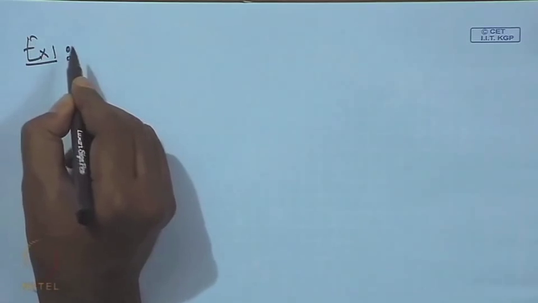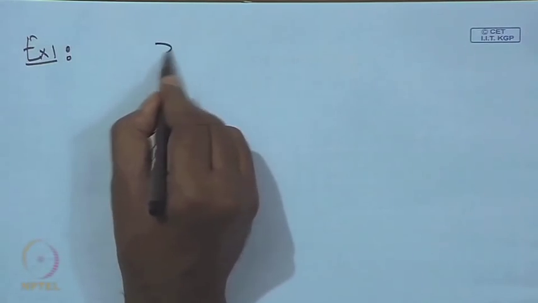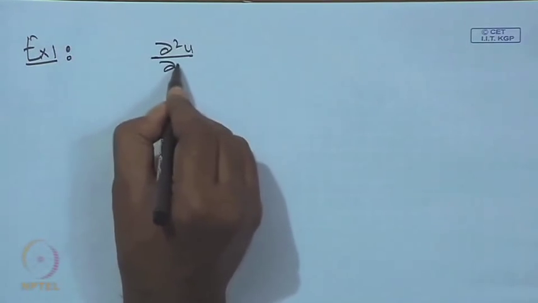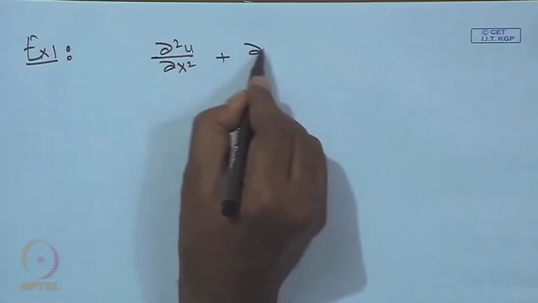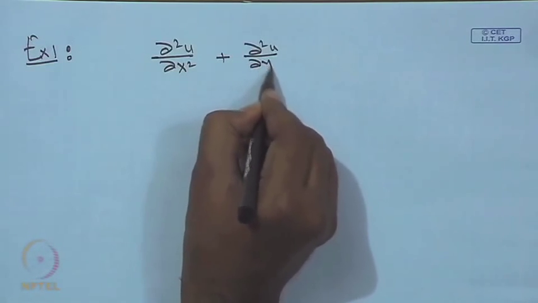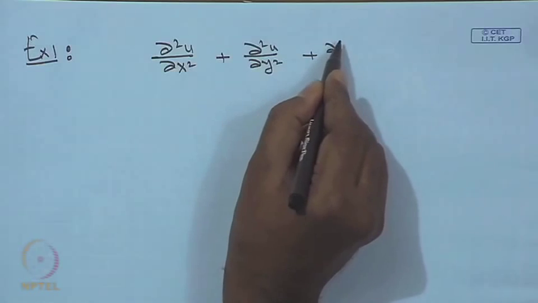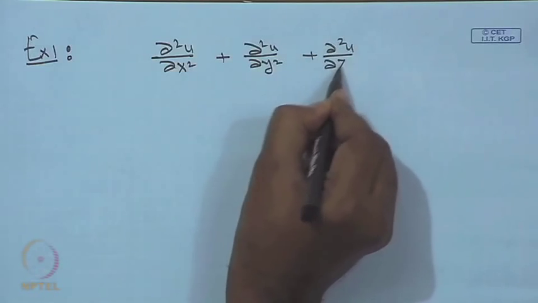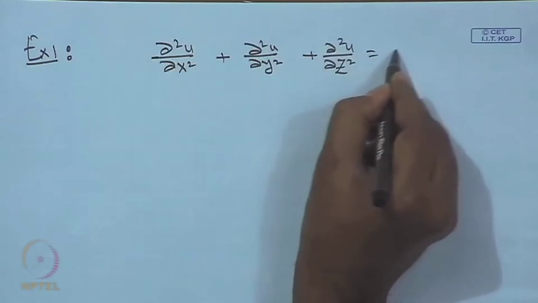So, first example is del square u del x square plus del square u del y square plus del square u del z square is equal to 0.